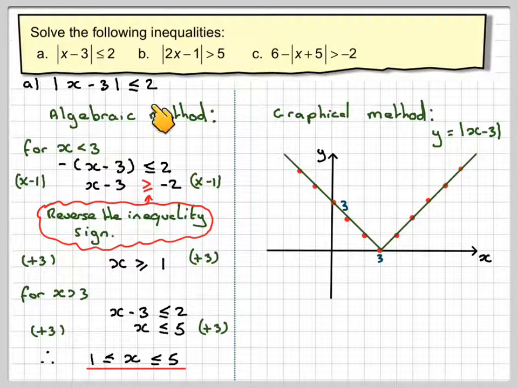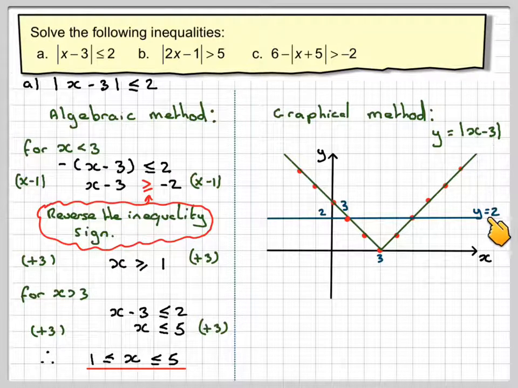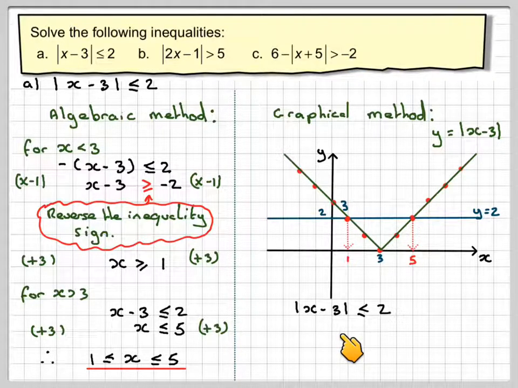And then we wanted to know where it's less than or equal to 2. If we draw the graph of y is equal to 2 on my graph, where is this graph less than this graph? That's for all these values, so that's values of x from here to here. We'll mark those on, from 1 to 5. So the absolute value of x minus 3 is less than or equal to 2 between 1 and 5.